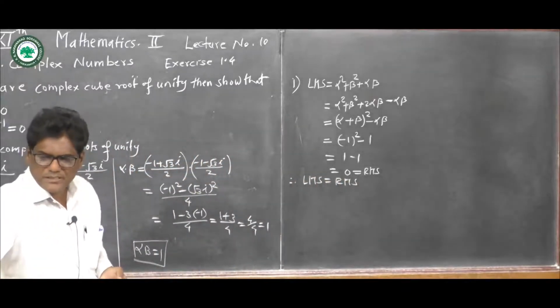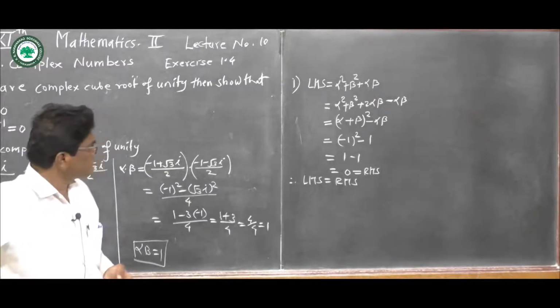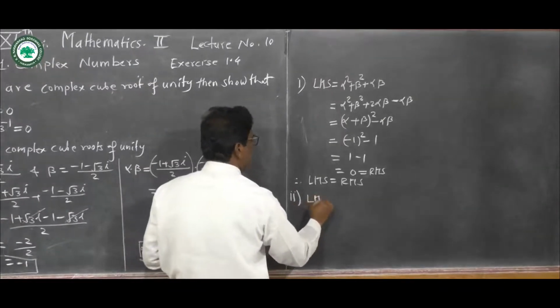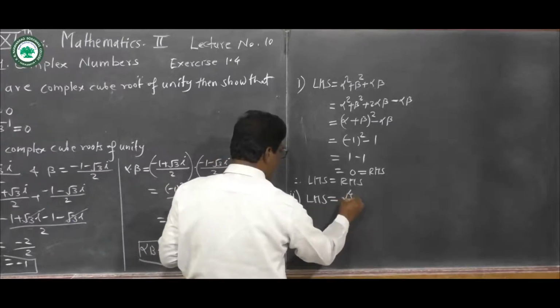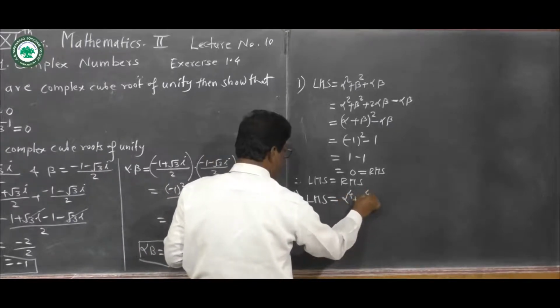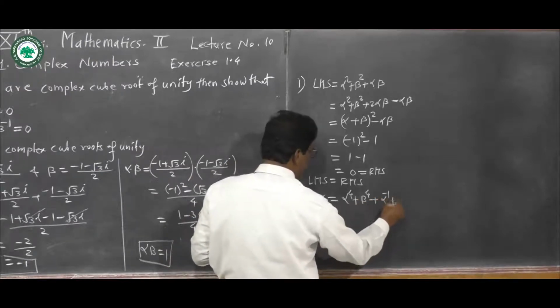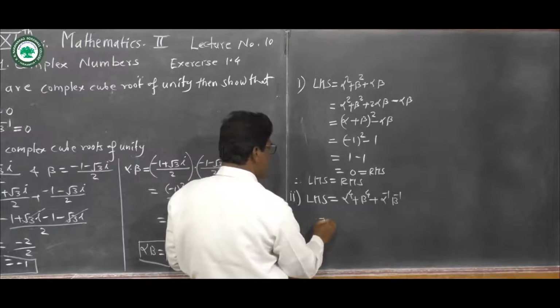Now we show the second. Consider the second. LHS is alpha to the power 4 plus beta to the power 4, plus alpha to the power minus 1 into beta to the power minus 1.